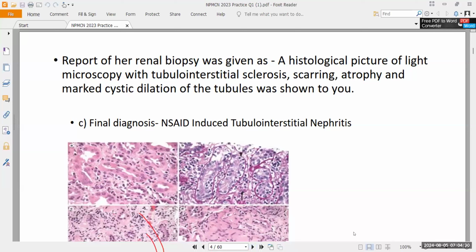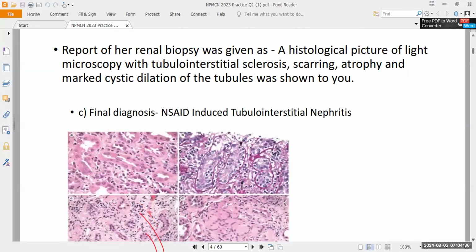From the renal biopsy picture given, I have some slides here showing cystic dilatation with areas of tubular interstitial sclerosis, atrophy. Looking at the slide, the most likely diagnosis is tubulointerstitial nephritis, most likely NSAID-induced tubulointerstitial nephritis.